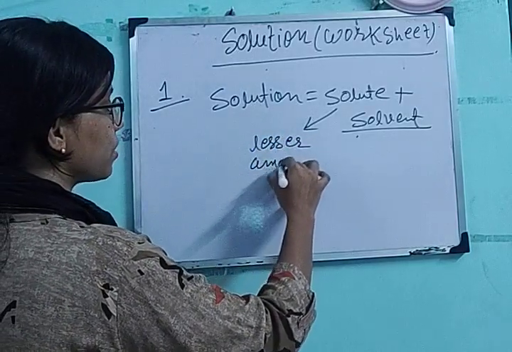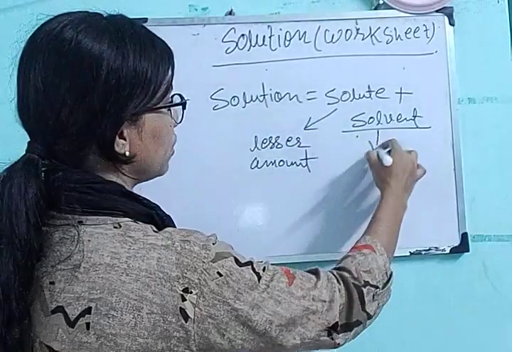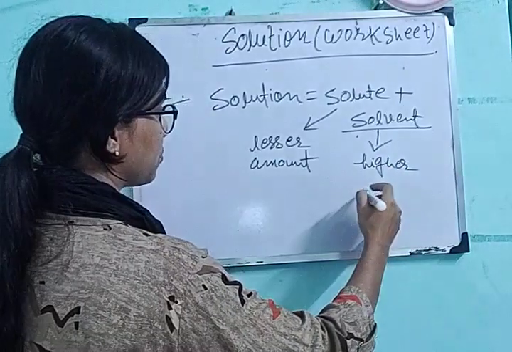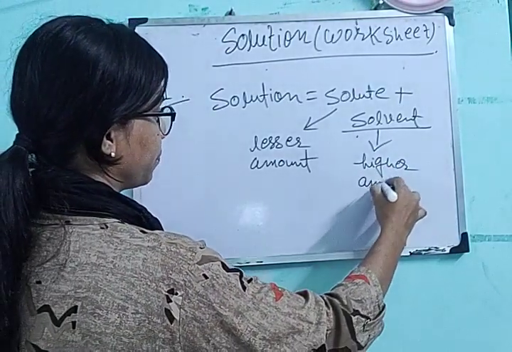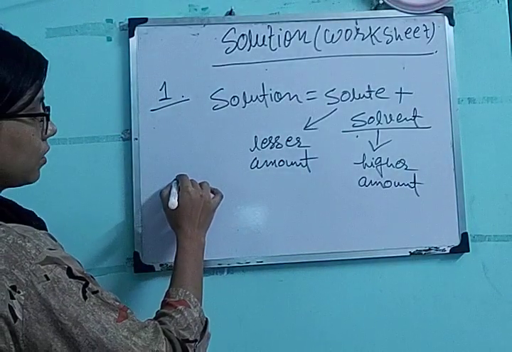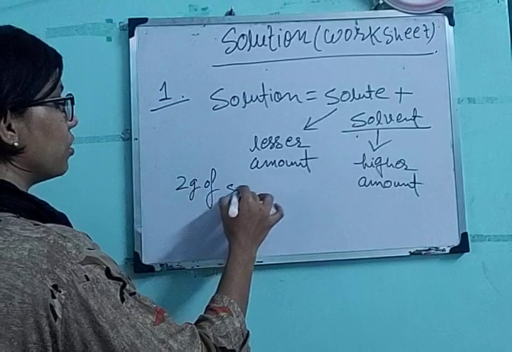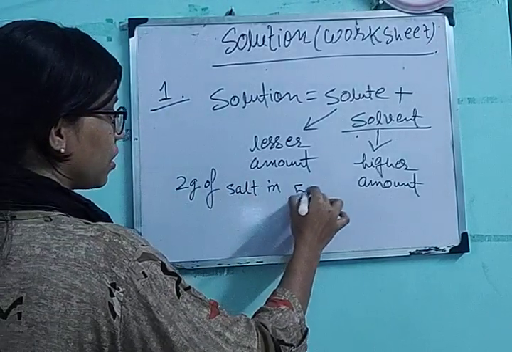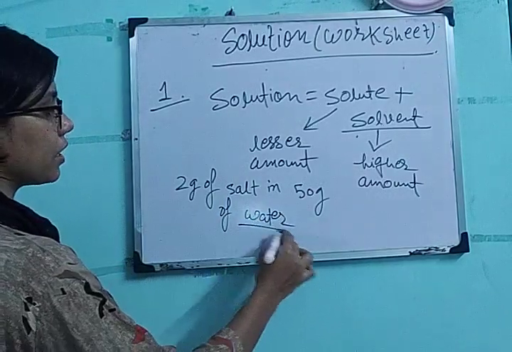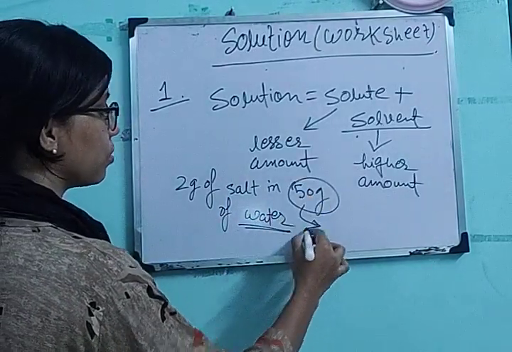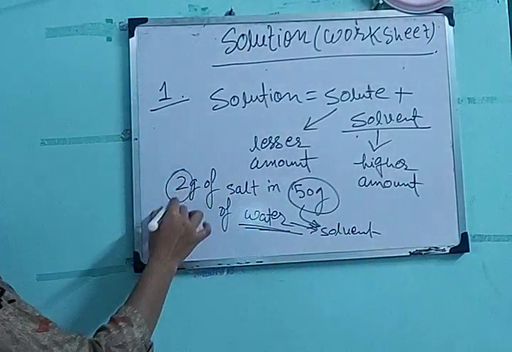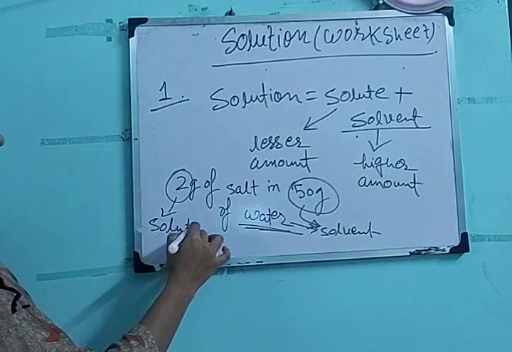The lesser amount substance is known as solute and the larger amount substance is known as solvent. So if you are adding 2 gram of salt in 50 gram of water, you can see that water exists in larger proportion, 50 gram. So here water is solvent and the salt is solute.